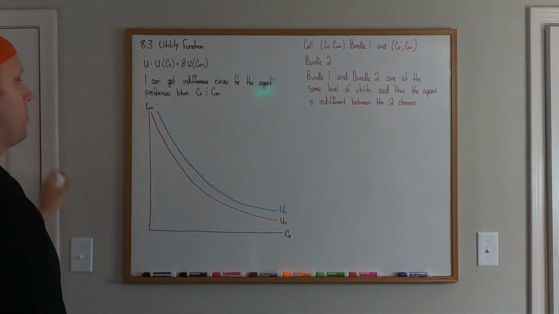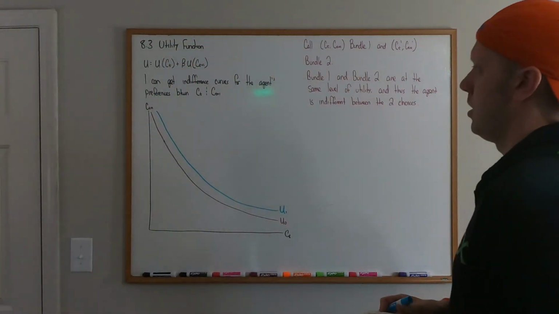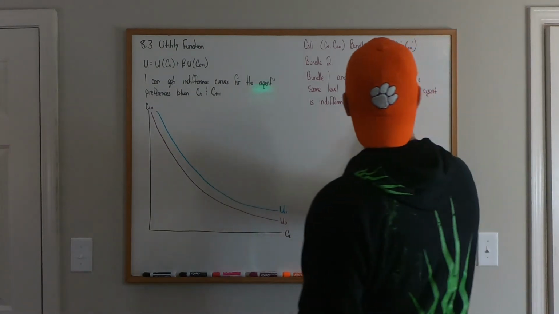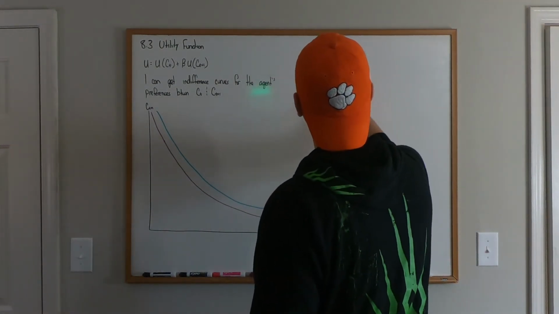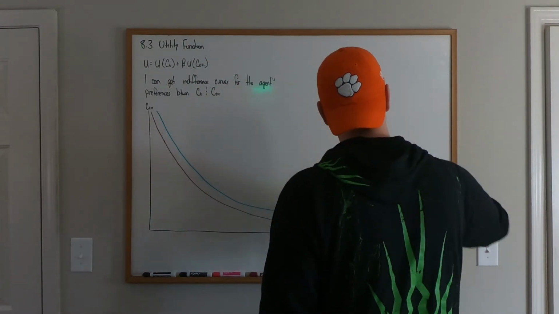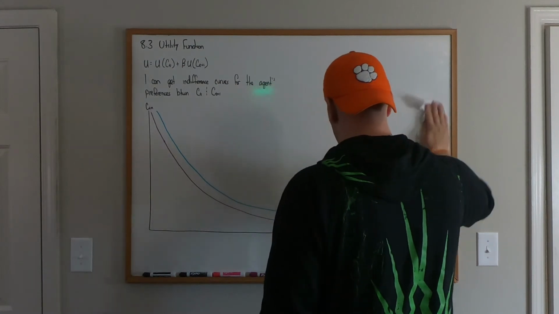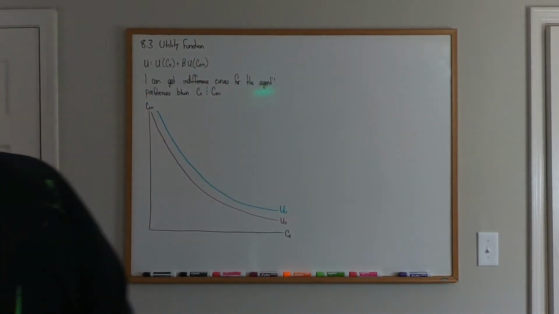Let's call this U1. Well, this is a different level of utility. Why is there a different level of utility? Well, we obviously have to have some kind of a reason for why we would have different levels of utility.